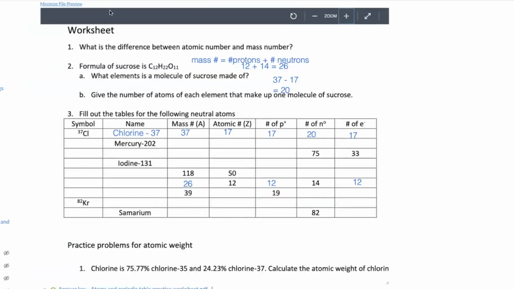So now we simply write here the symbol Mg, and with the mass number 26, it's magnesium-26. So that is how you will complete all of these.